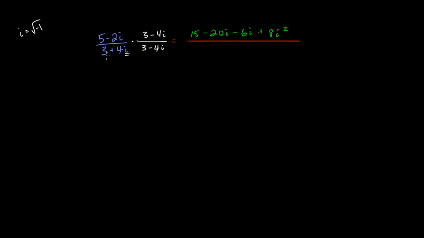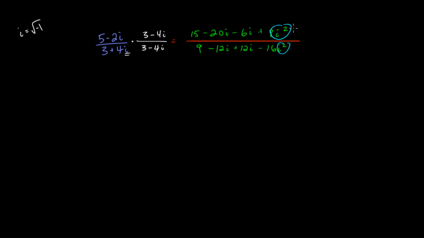Now let's do the product in the denominator. 3 times 3, that's 9. 3 times negative 4i, that's a negative 12i. 4i times 3, that's a positive 12i. And then 4i times a negative 4i, that's negative 16i squared. Now you can see that we have i squared and i squared here.